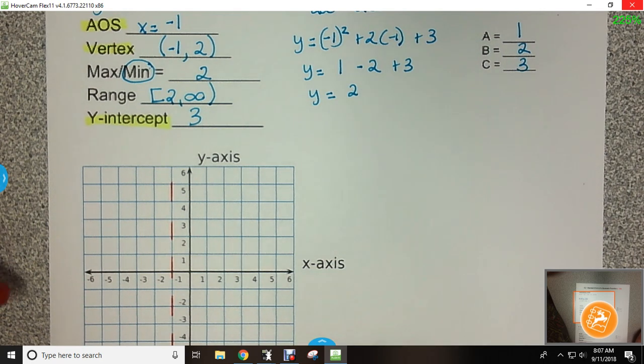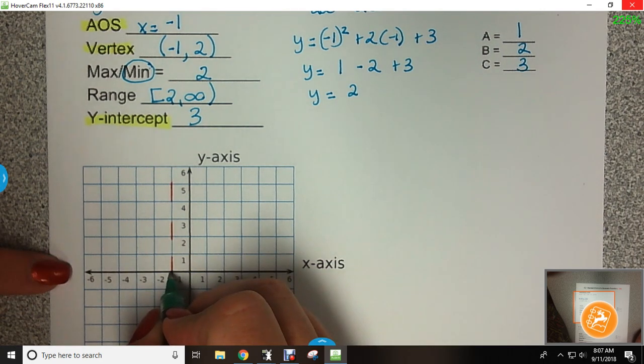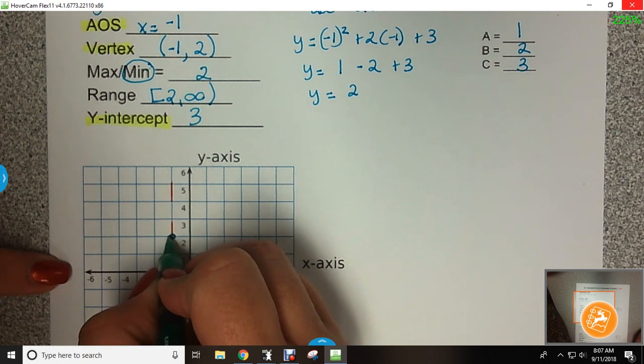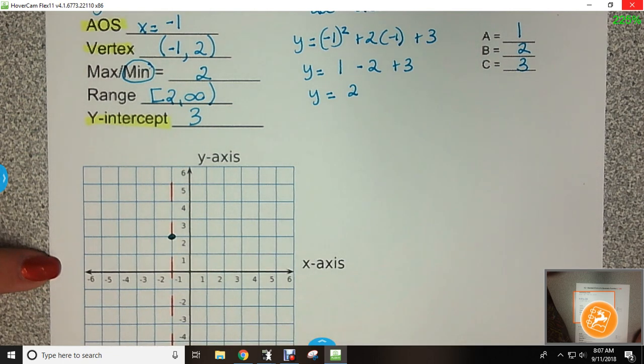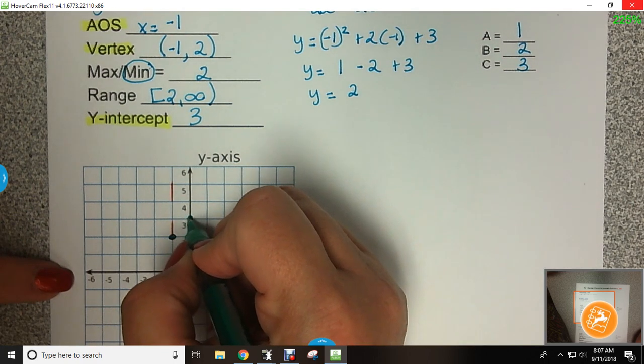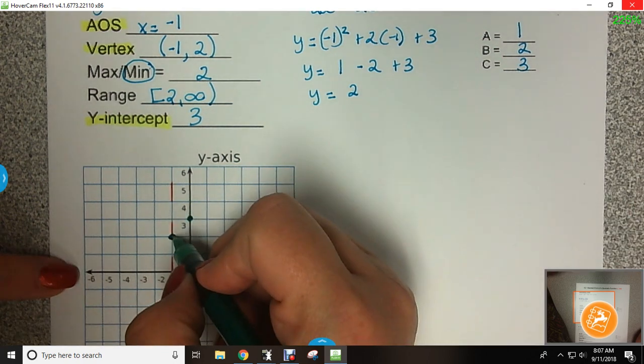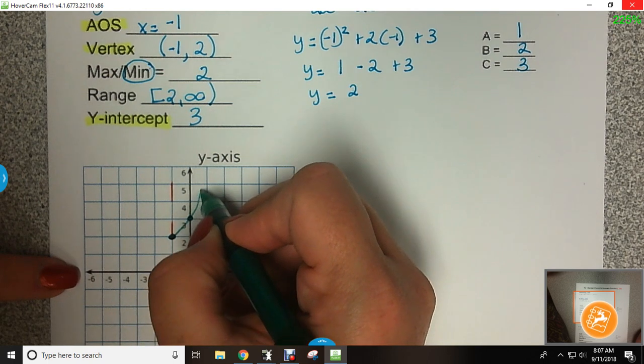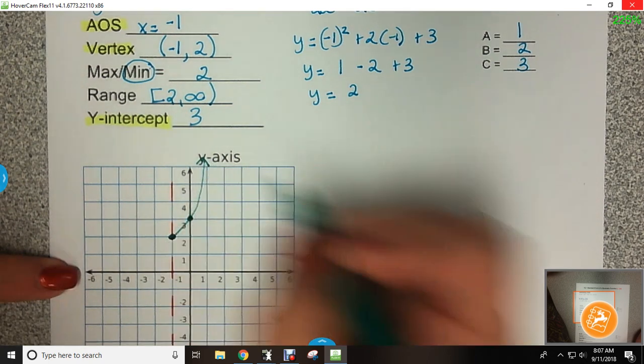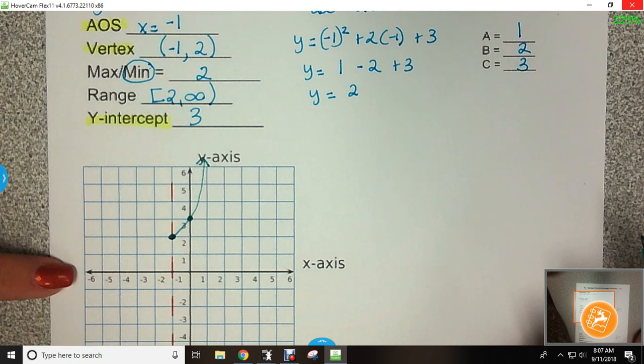Then I need to put my vertex on. -1, 2 is here. And now go ahead and put on your y-intercept. It is 3. Well, that gives me the right-hand side of my graph.